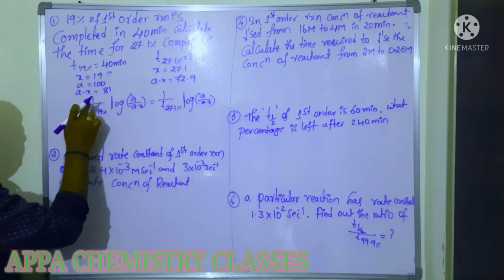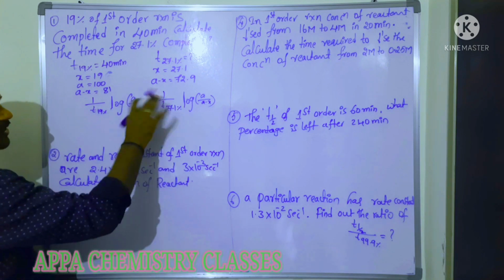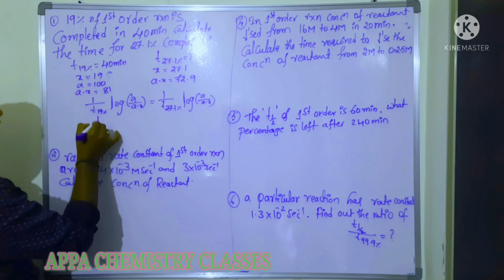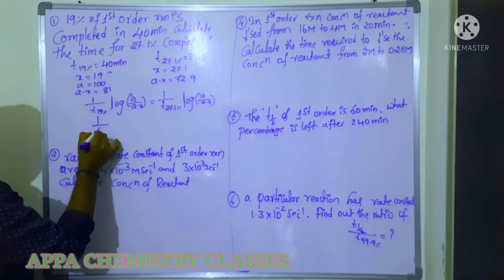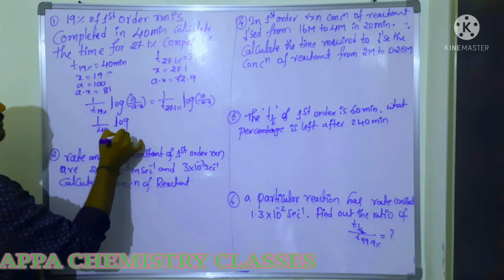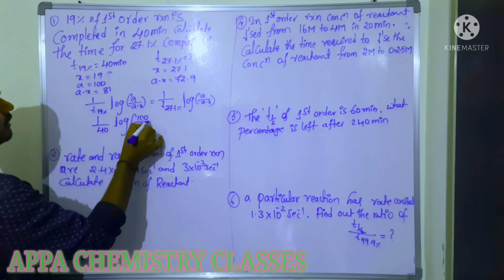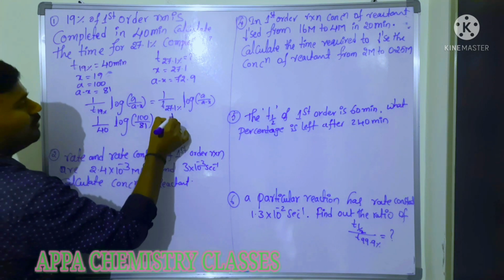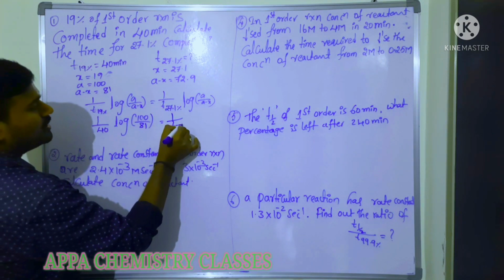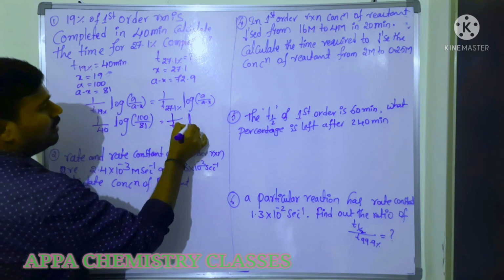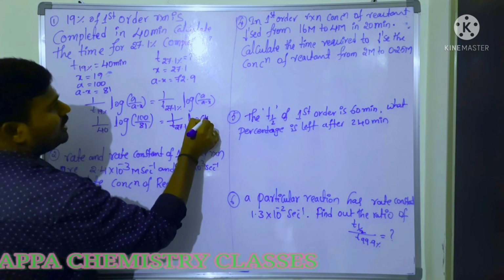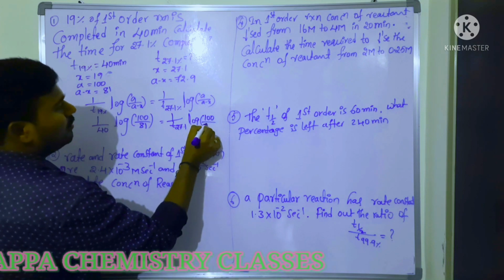Here 2.303 gets cancelled, so for that reason I had not written it. So 1 by t 19% is 1 by 40, log of 100 by 81 is equal to 1 by t 27.1% log of 100 by 72.9.